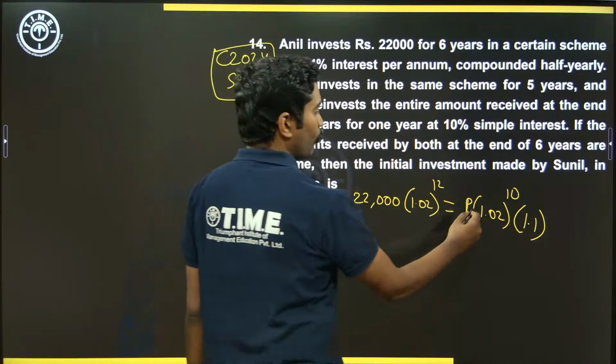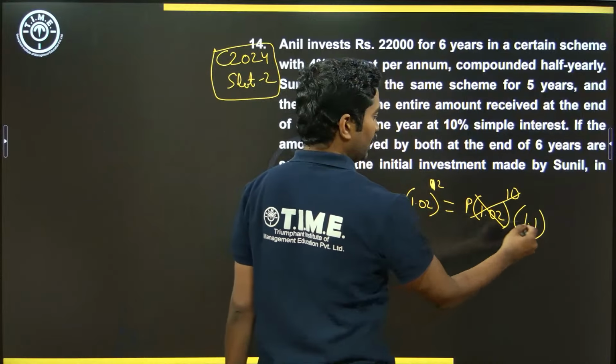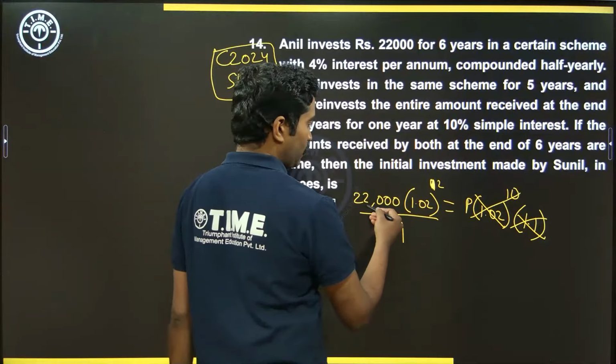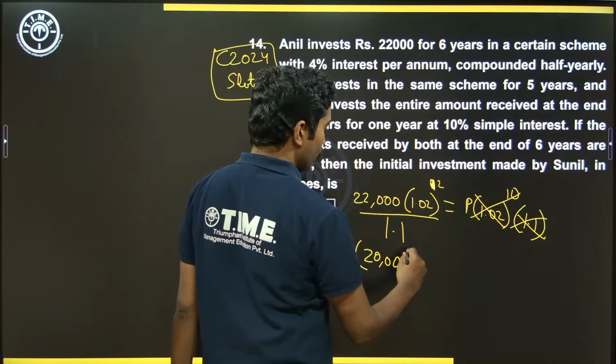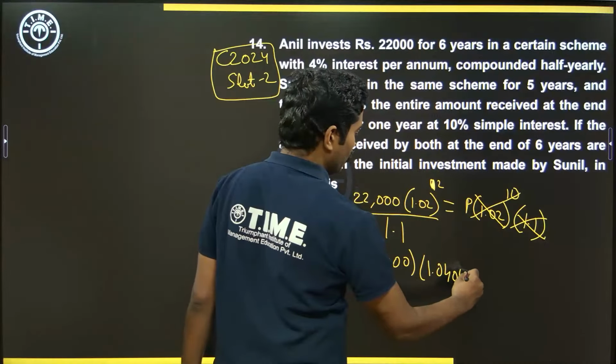So 1.02 whole power 10, this is power 10, this is power 12. So the 10 goes, only 2 remains. And 1.1, please cancel that here, bring that here. What do I have? 22,000 by 1.1 is 20,000 into 1.02 whole square, 1.0404.